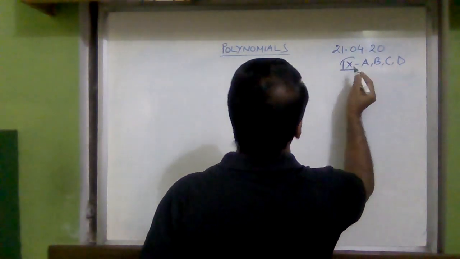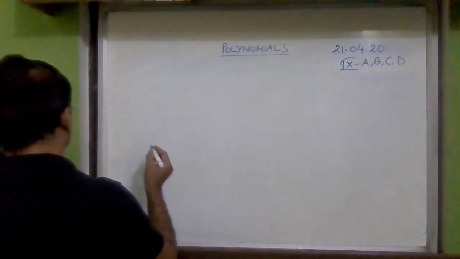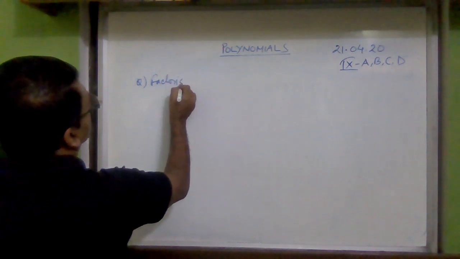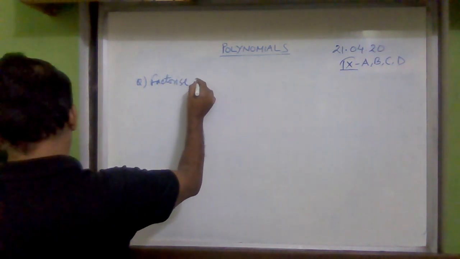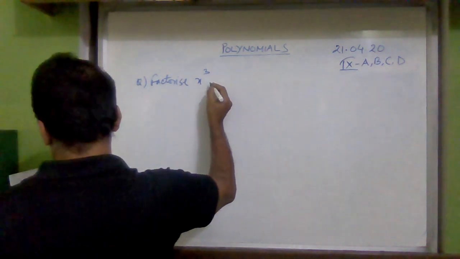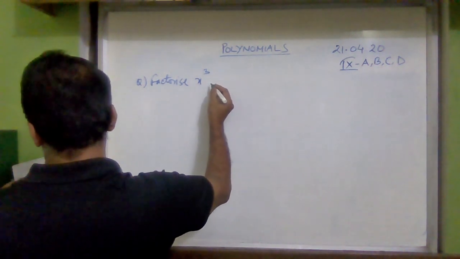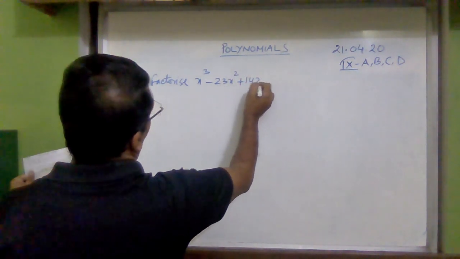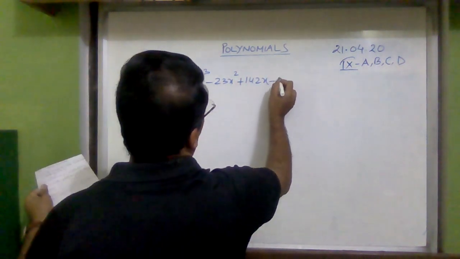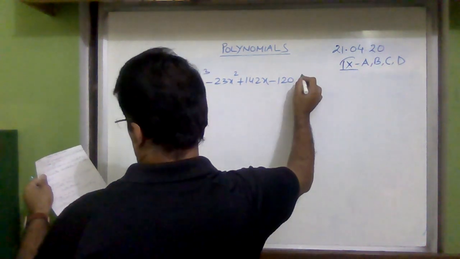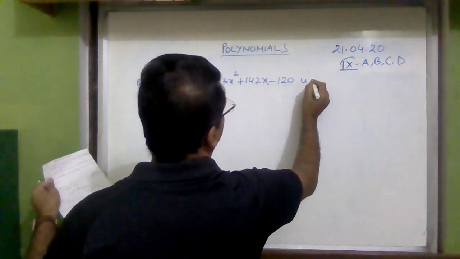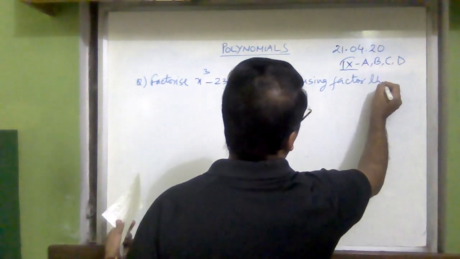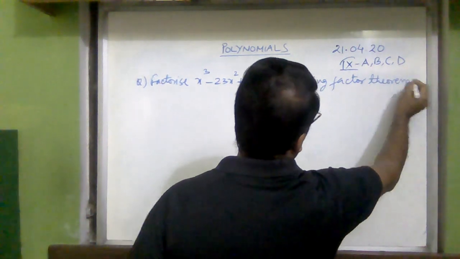And the example is factorize x cube minus 23x square plus 142x minus 120 using factor theorem.